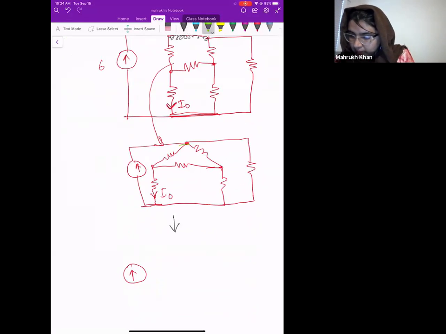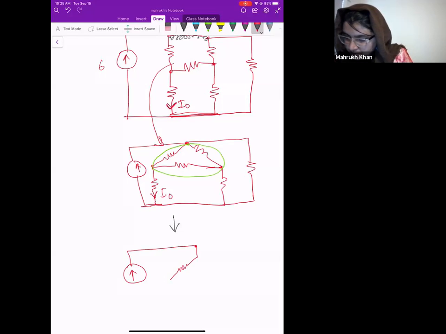So if I'm picking these 3 nodes, I will simplify this as, no, I think I'm wrong here. So let's try to replace it.